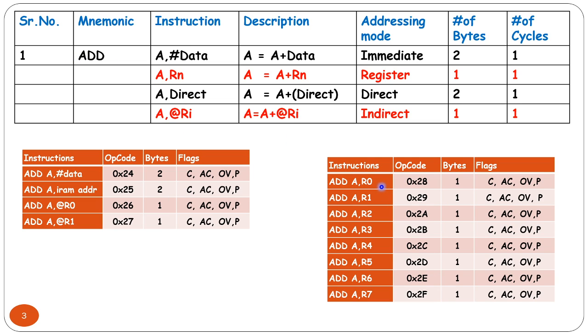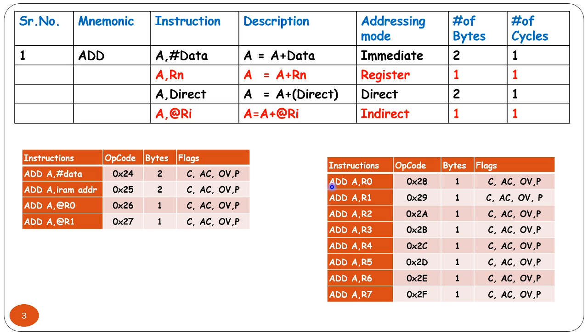Rn means R0 to R7. So these general purpose registers R0 to R7 are added to the accumulator, and again the result will be stored in the accumulator, with operation codes from 28H to 2FH.